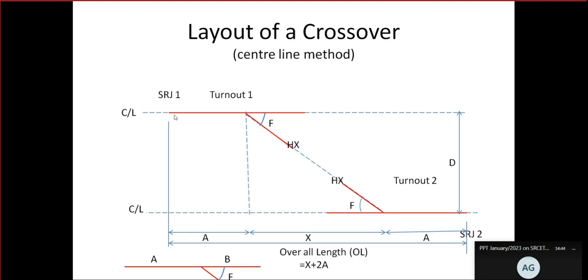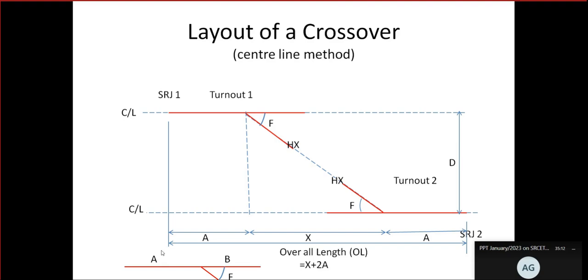Here again, this is center line of the main line and turnout line. Whatever I made in red represents the points on crossing. We are removing the gauge line and only taking the center lines of the main and turnout. So for any points on crossing, this value is the same, constant. Suppose if you take 1 in 12 points on crossing, the values of A and B are the same.